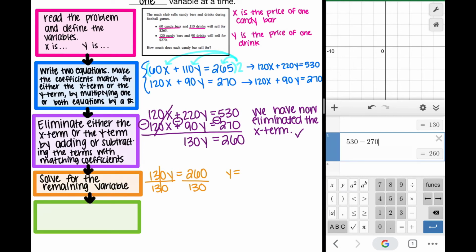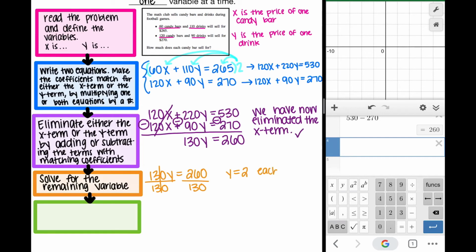So 1y is equal to 260 divided by 130, which is 2. This tells us since y was the price of one drink, that means that each drink costs $2.